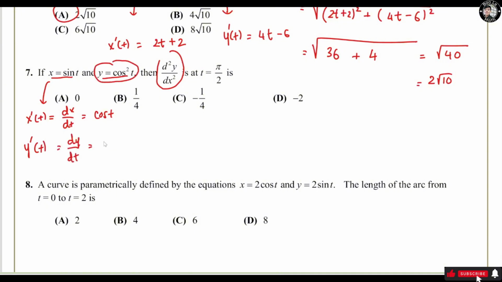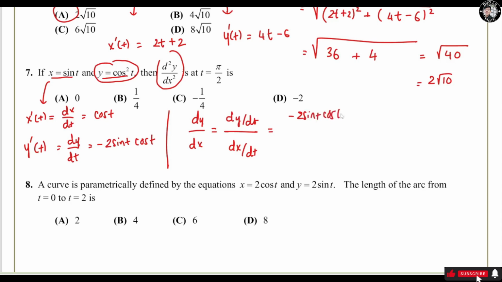So it can be negative 2 sine t cosine t, right? We have dy over dx, divide the top and bottom by dt. So you have dy over dt divided by dx over dt, right? So it could be negative 2 sine t cosine t over cosine t. So it could be negative 2 sine t, right?